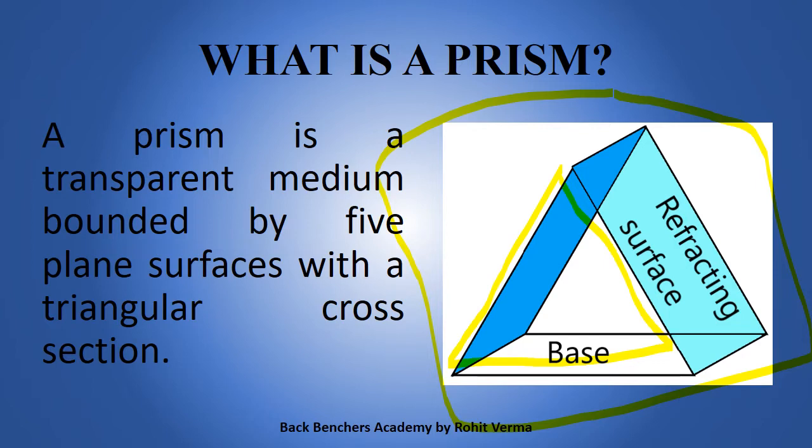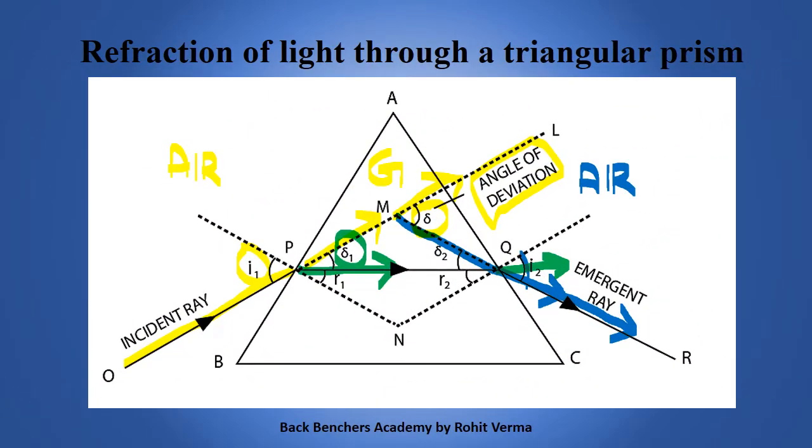Then further on, let's move into detail how it is used for the refraction of light through a triangular prism. As we see in this diagram, we have the triangular cross section of a prism which is labeled A, B and C, wherein an incident ray is coming, which is named OP.